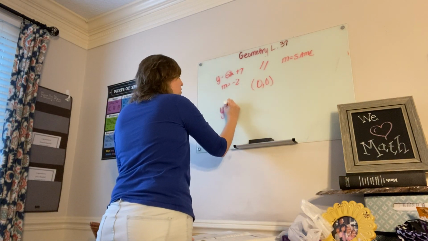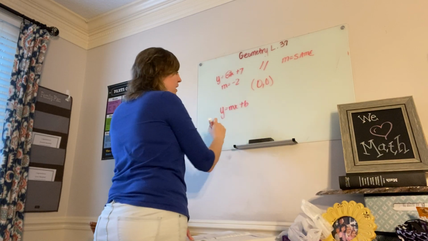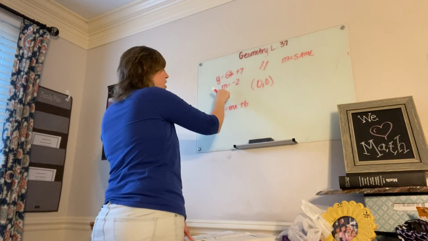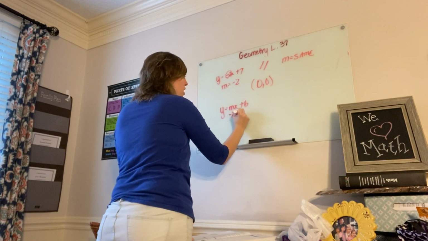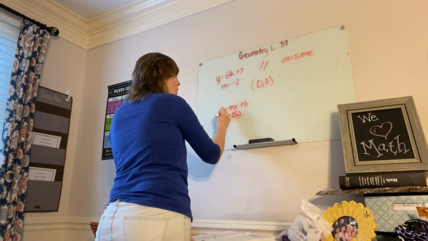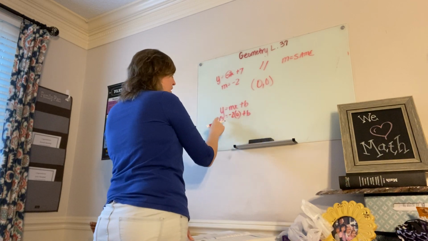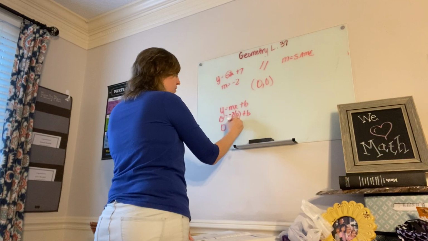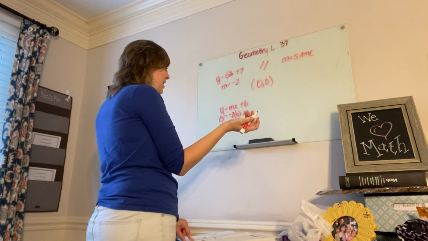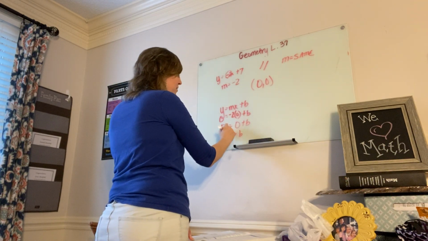So y equals mx plus b is our slope-intercept formula. We know that the slope has to be negative 2. Now if it passes through the origin, x is 0, y is 0, so 0 equals negative 2 times 0 plus b. Well, friends, that means b equals 0, right?